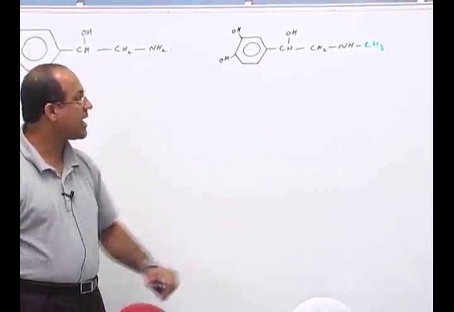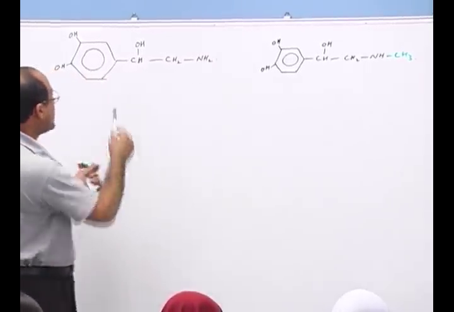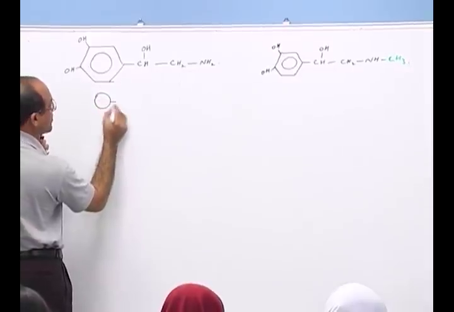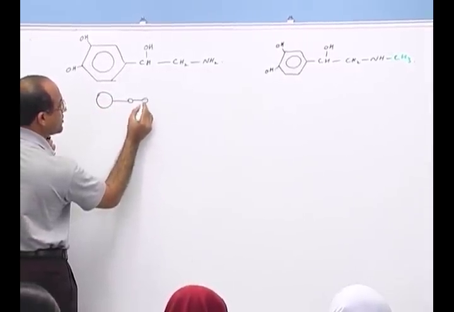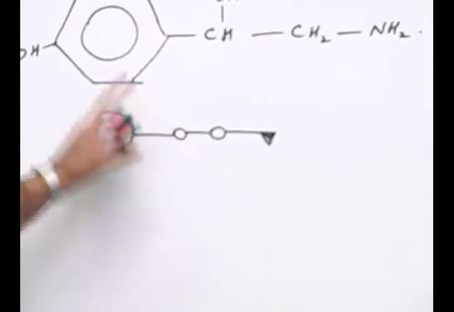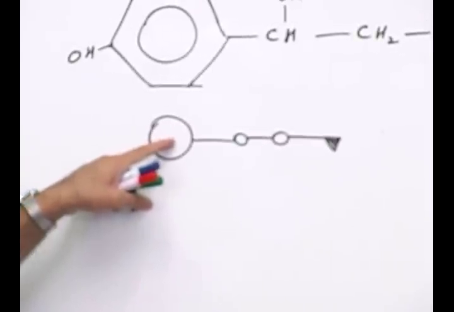And we can simply show this molecule like this. This molecule can be a ring, then these are two carbon units, and this part is the amino group. Suppose this molecule is presented graphically in a simple way like this.